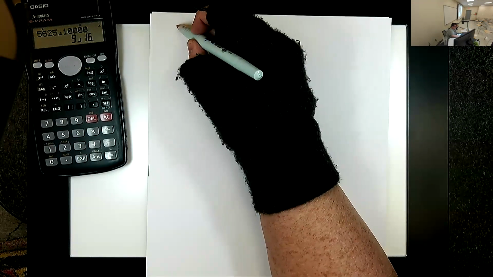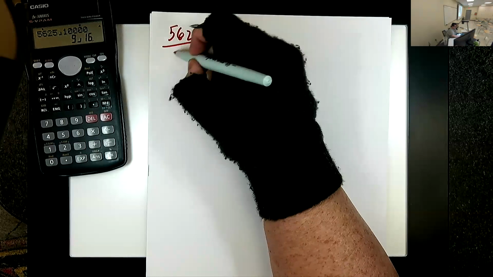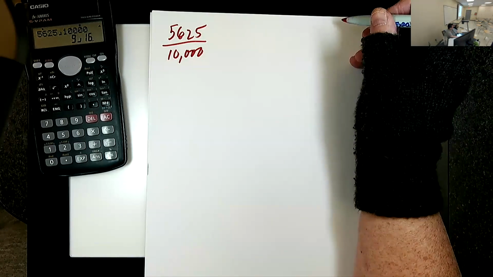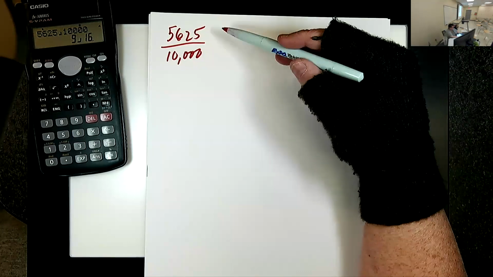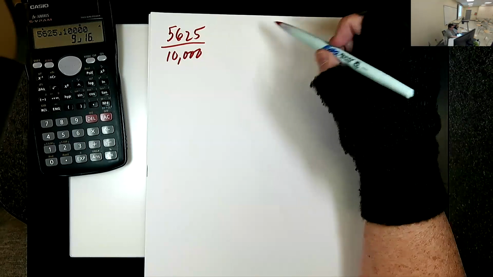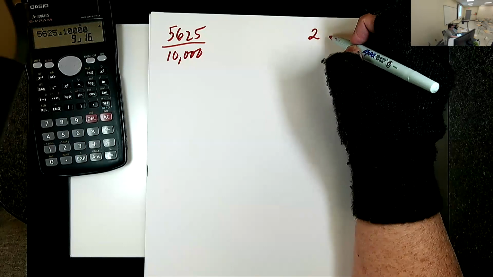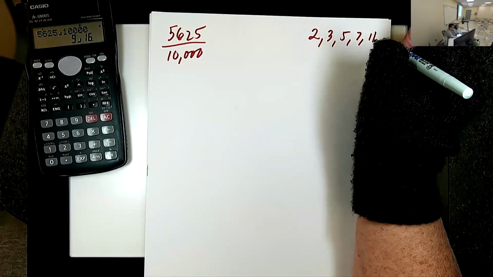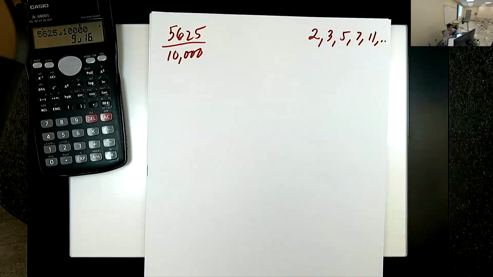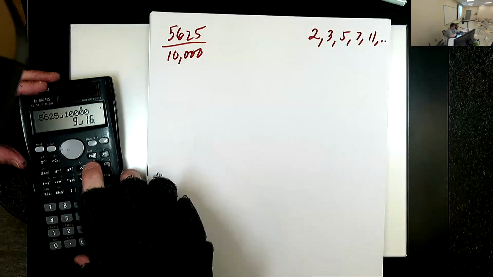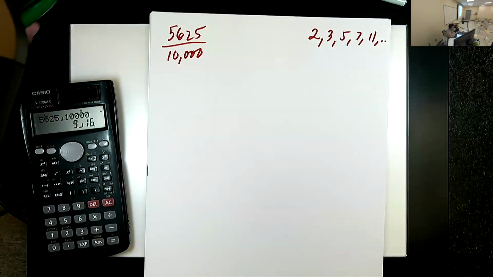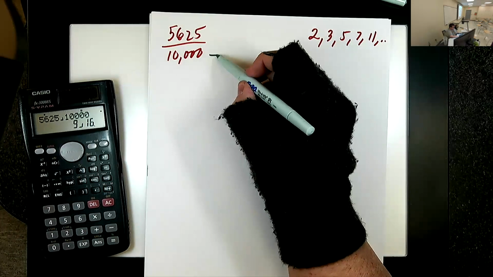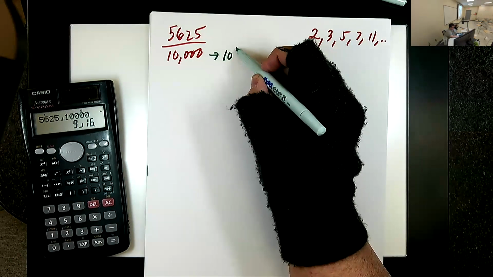Okay, so 5625 over 10,000. You just have to go through and look for a prime number, divide by it, and see what goes away. 5625 doesn't divide by 2, that's out. We're checking numbers like this. The 10,000 is 10 to the 4th power.